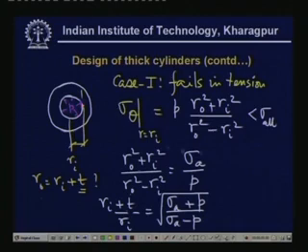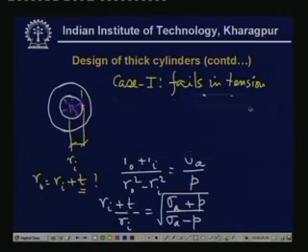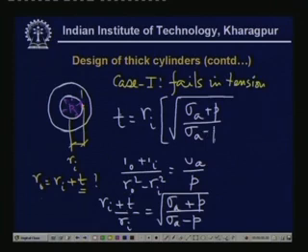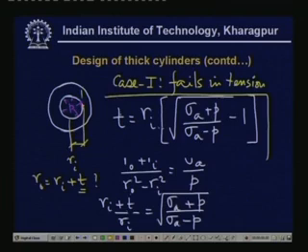T will be equal to Ri times the square root of sigma A plus P divided by sigma A minus P, minus 1. So this is how one has to design when the material fails in tension.